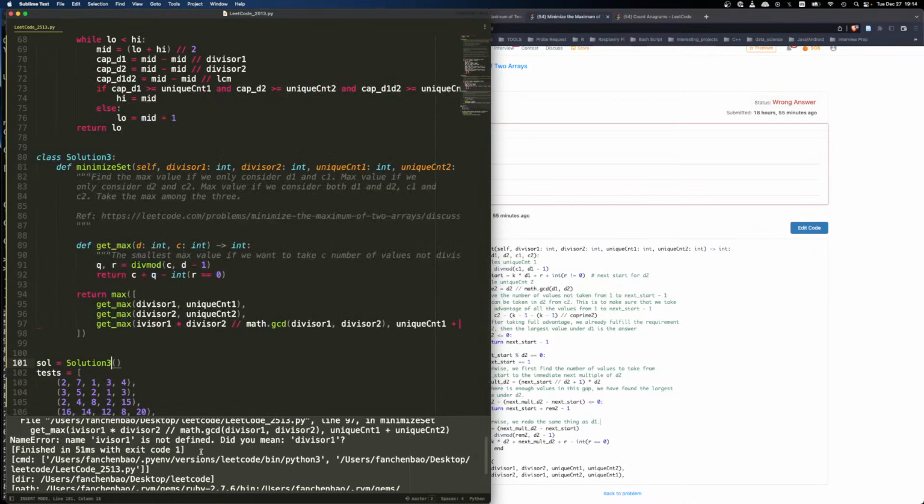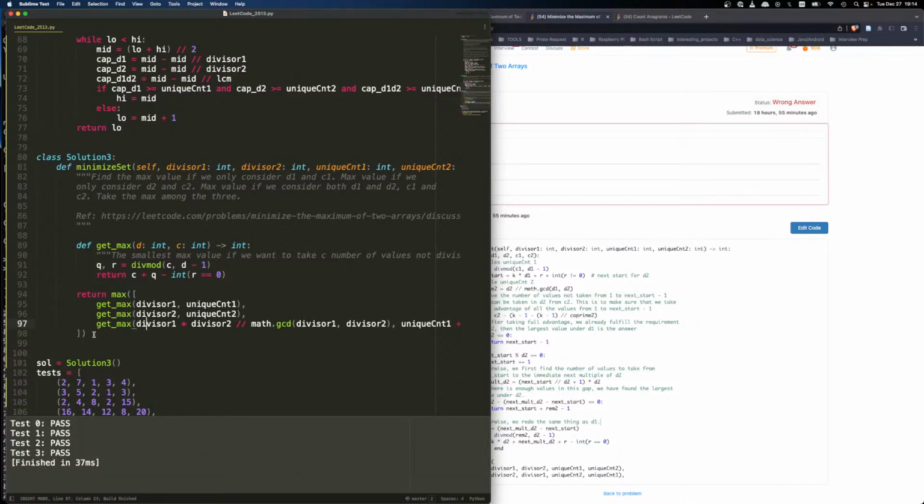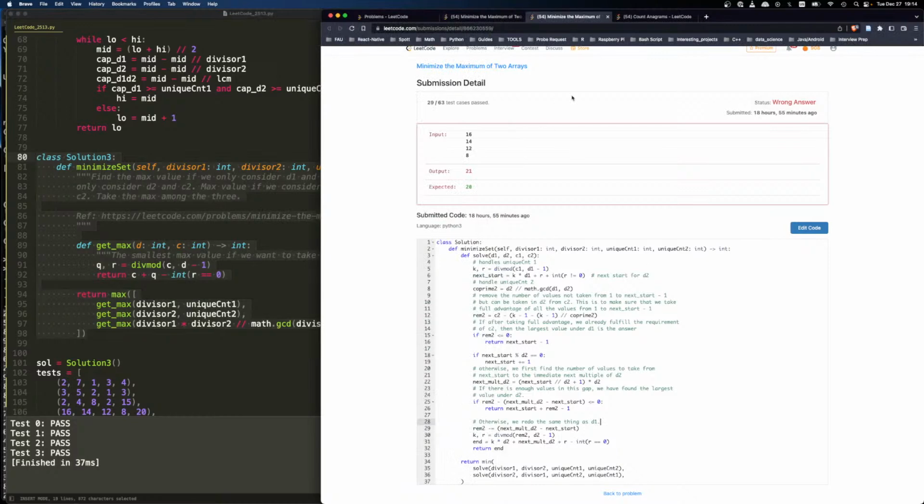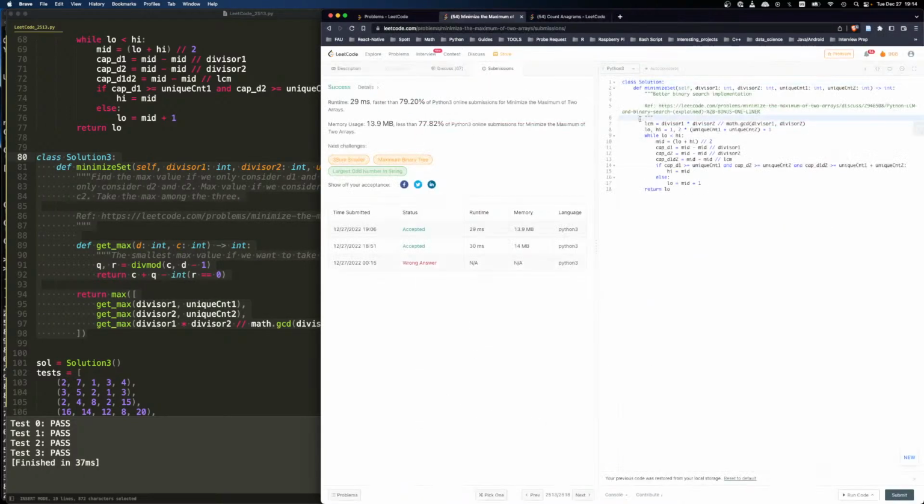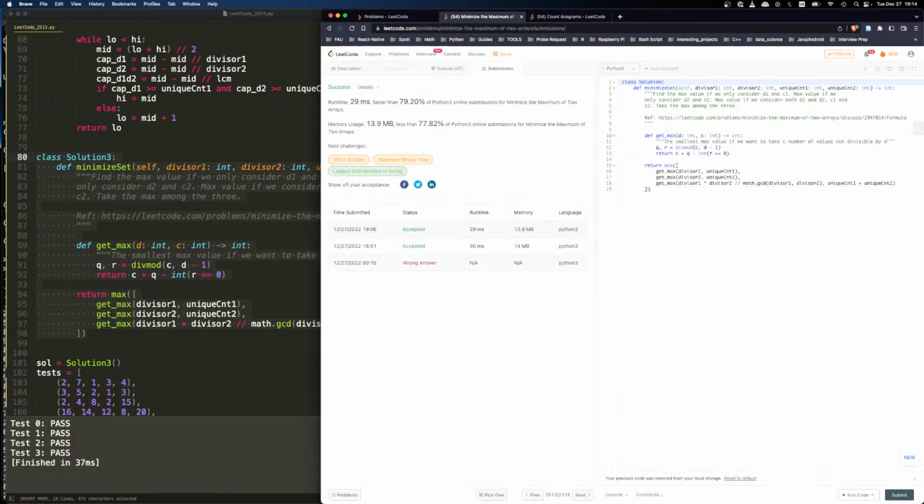What was wrong? I'm still trying to think why this one will work.